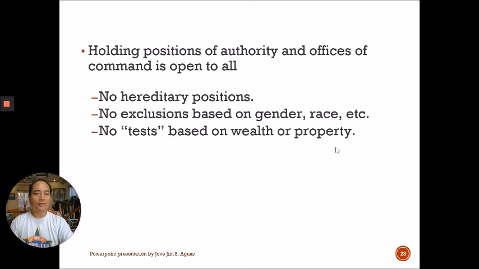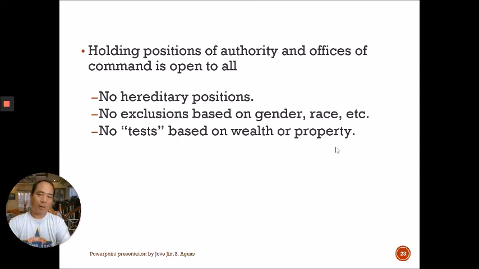Right? So these are some conditions that will allow the difference principle. First, holding positions of authority and offices of command is open to all, meaning no hereditary position. So we are talking in a general sense. No hereditary positions.